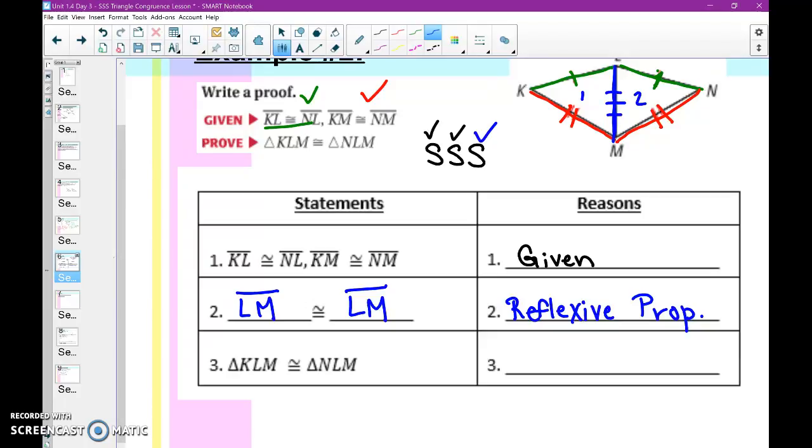It's just to itself, so it's not really necessary. But that was our 3rd piece we needed for SSS. They already have the prove statement recopied down here for us. So we just have to say that the reason is SSS, or side, side, side triangle congruence. So actually, we've shortened up the process by giving you this shortcut today. You don't have to prove every single angle like we did before. If you've got 3 sides that are equal, boom, it's done. Gotta be congruent.